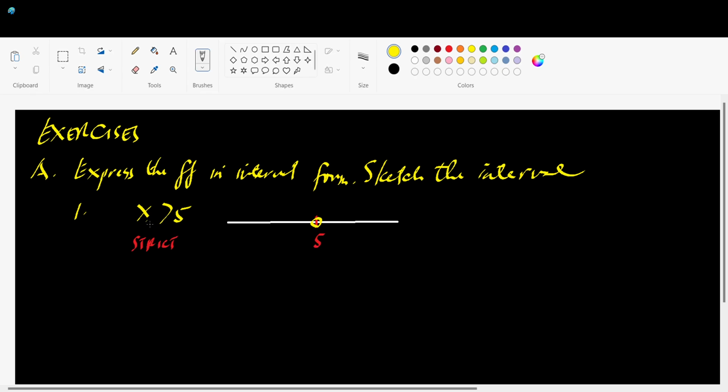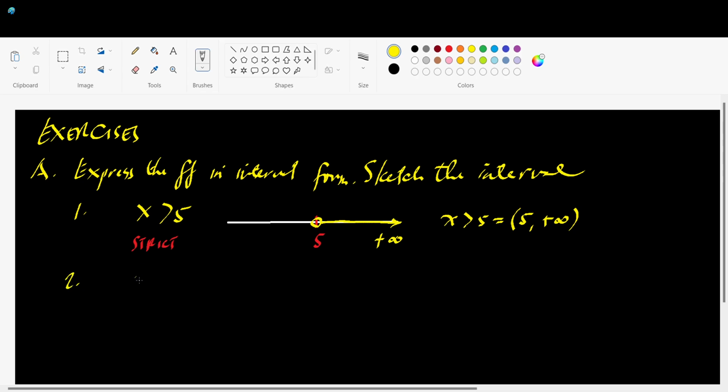And consider all numbers greater than 5, so all numbers to the right of 5 up to positive infinity. So in interval form, x greater than 5 is the same as the interval 5 to positive infinity. Open at 5, open at positive infinity.